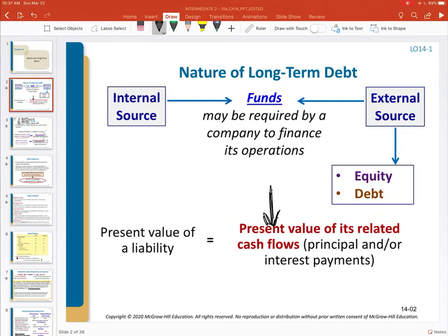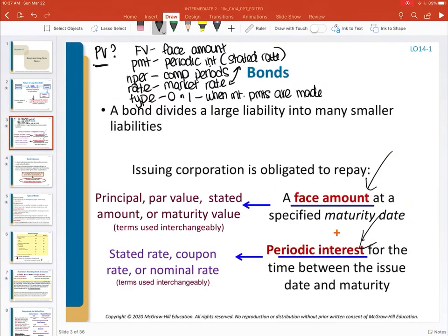They need to be brought back to the present value, and that is what needs to be accounted for in your accounting records in the current period. So we're going to solve for the present value using these inputs in each of the examples that we walk through.